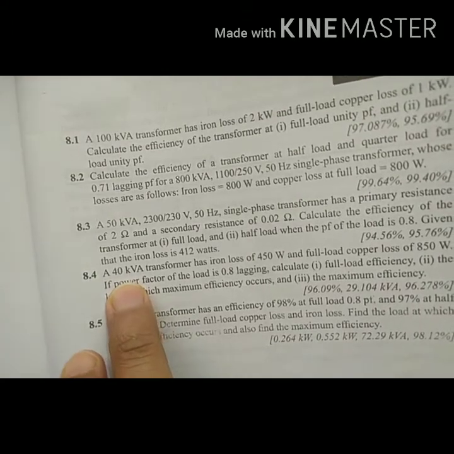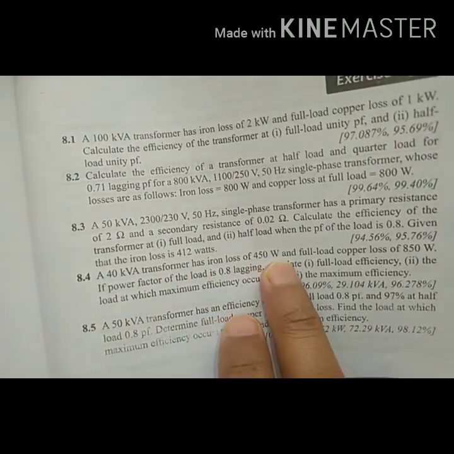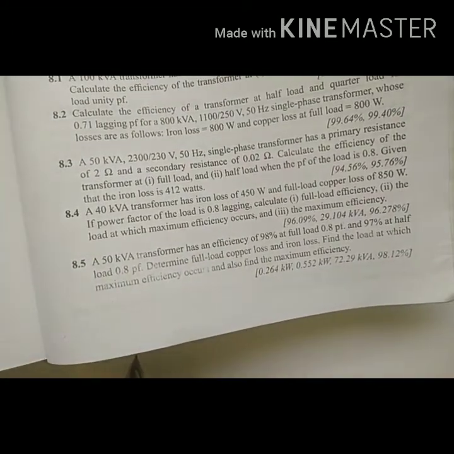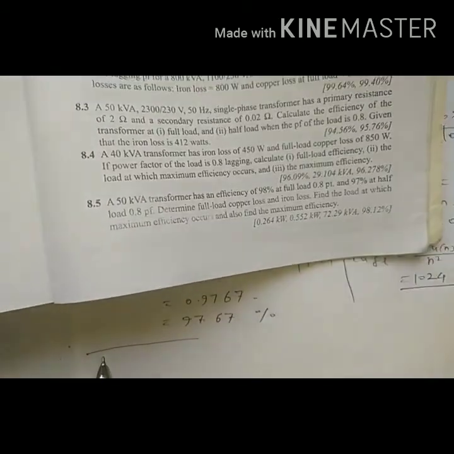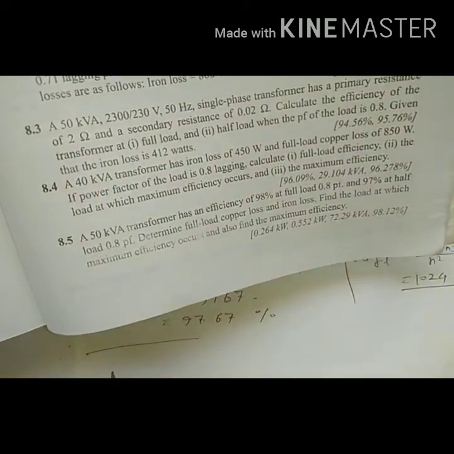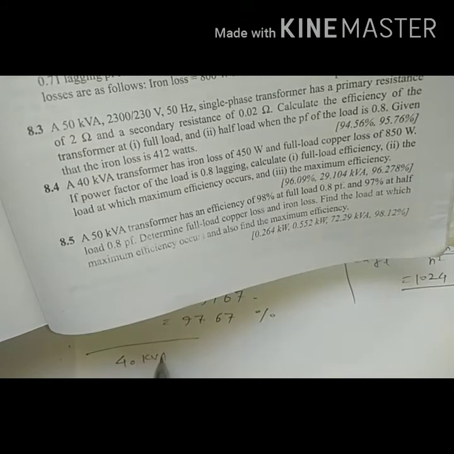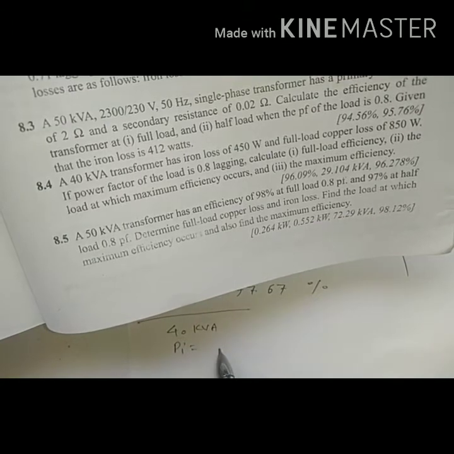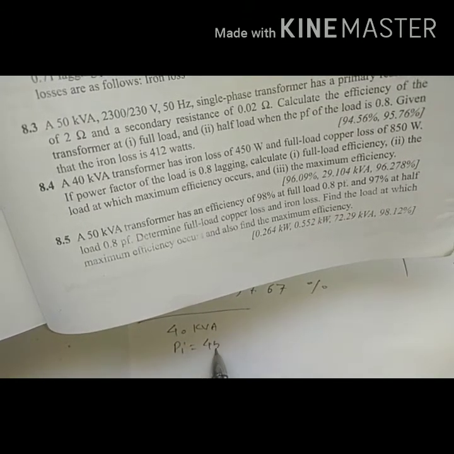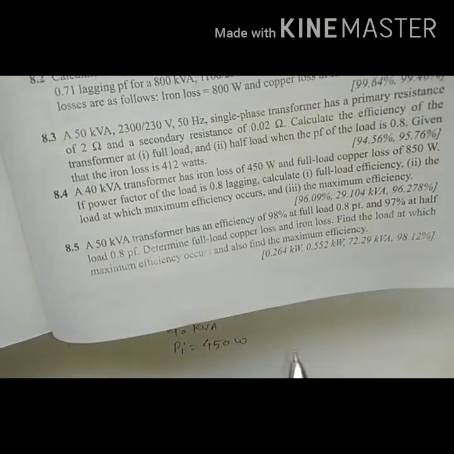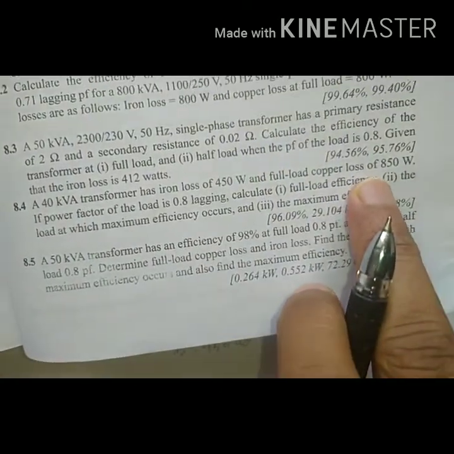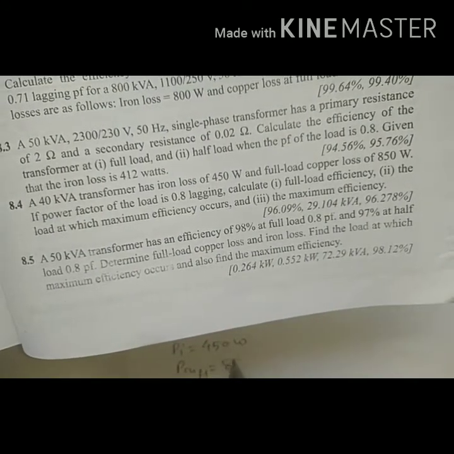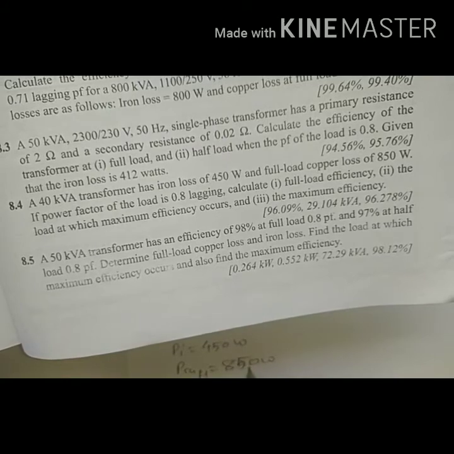8.4. A 40 kVA transformer has iron loss of 450 watt and full load copper loss of 850 watt.